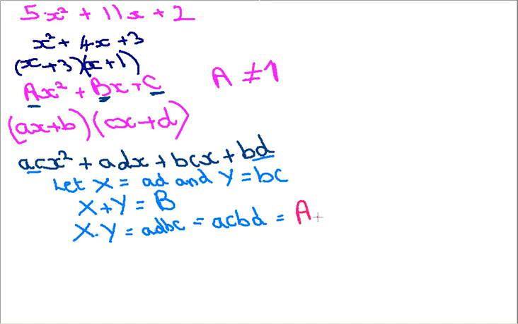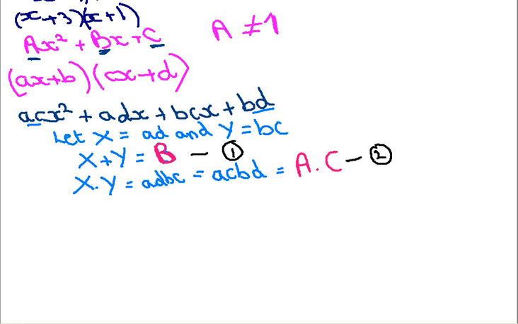And this one here should of course equal b. Okay? Right, so if we make that equation 1 and this equation 2, if you can find two numbers that add together to equal b, and also two numbers that multiply together to equal a times c, then you'll have found x and y.